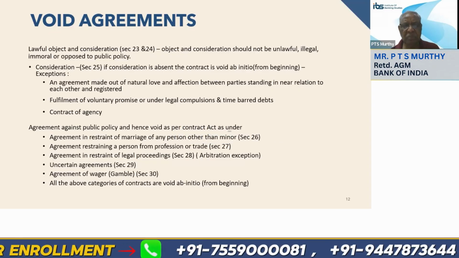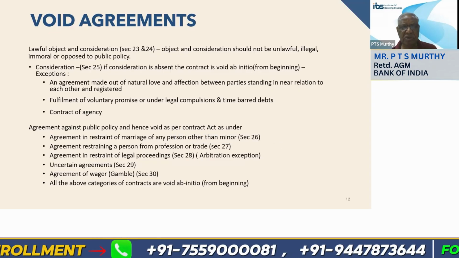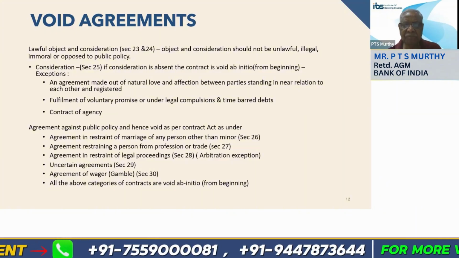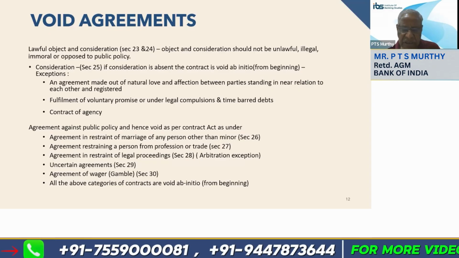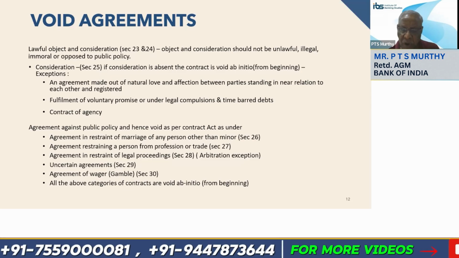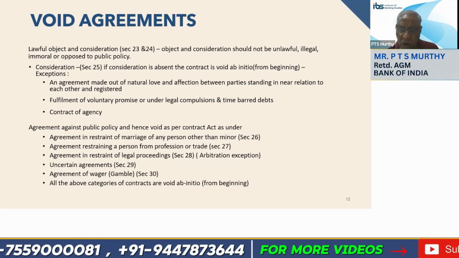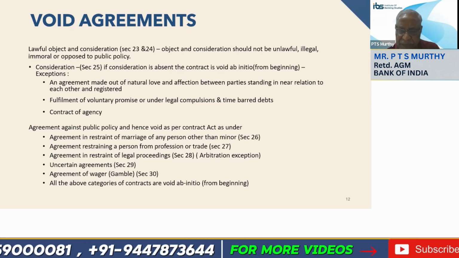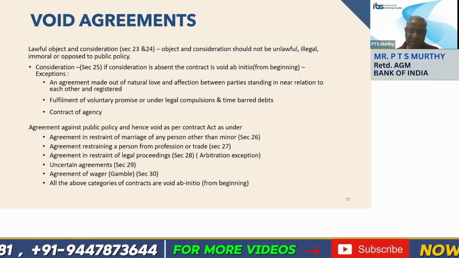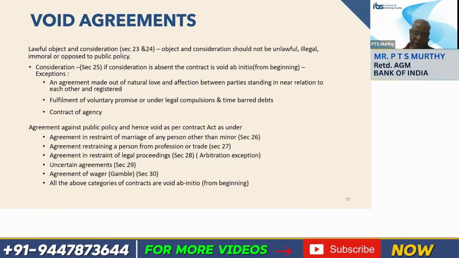They have listed out professional or trade, legal proceedings, uncertain agreements, agreement of wages, gambling. These are all activities which do not form a contract and they become void ab initio. All the above categories of contracts are void ab initio. From the beginning itself, they will become void. Whereas, I will bring this distinction once again.